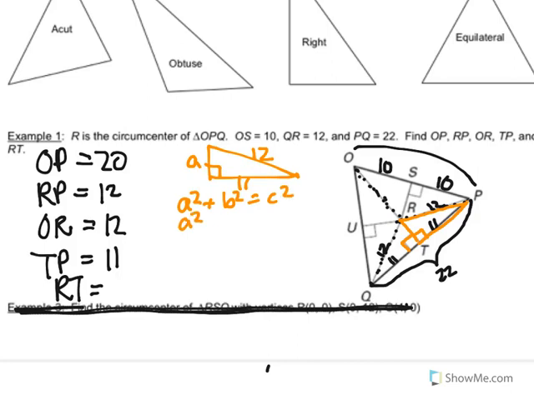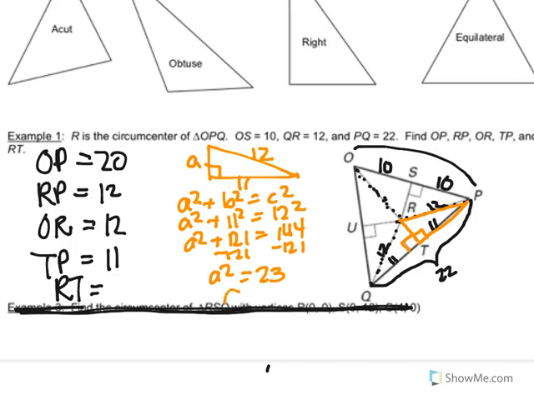We can say A squared plus 11 squared equals 12 squared. So A squared plus 121 equals 144. Subtract 121 from both sides, and we get A squared equals 23. And how do we solve for A? We're going to take the square root of both sides, and so A is equal to the square root of 23. So that is going to be the measurement for RT, the square root of 23.